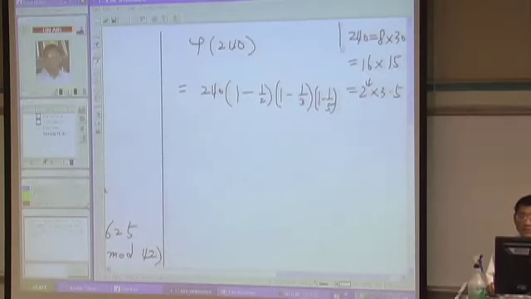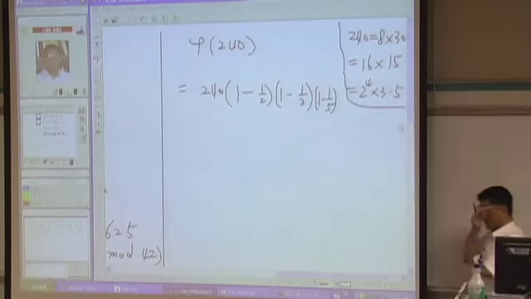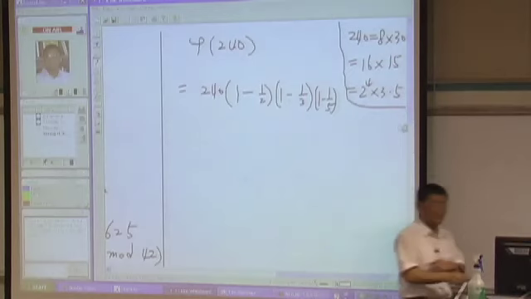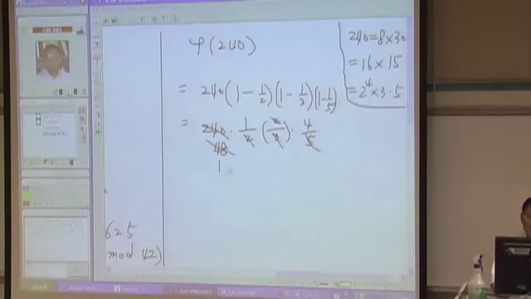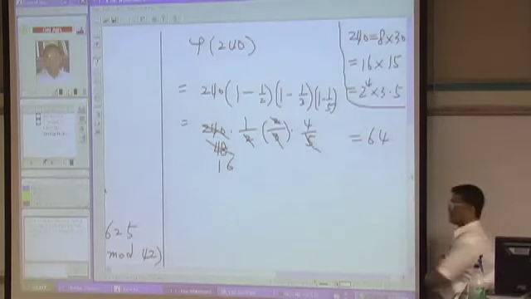So I can use this without any limitation. Then it is equal to 240, and then this is 1/2, this is 2/3, and this is 4/5. As you can see, the 2 and 2 cancel out, and then the 5 can be cancelled out. And then it is 48, right? And then these cancel out, like 8, 16, and then these multiply to 64. So it's not very difficult.